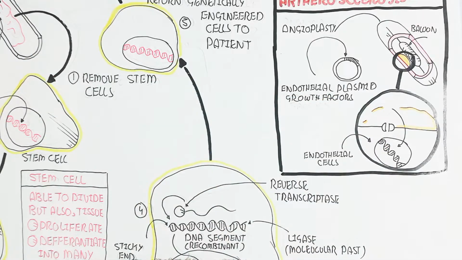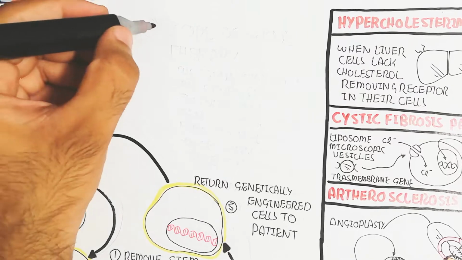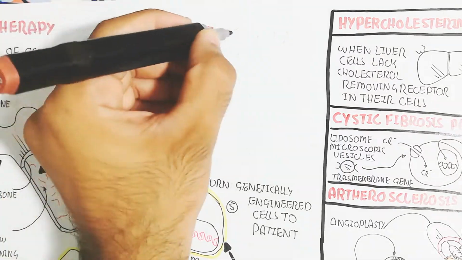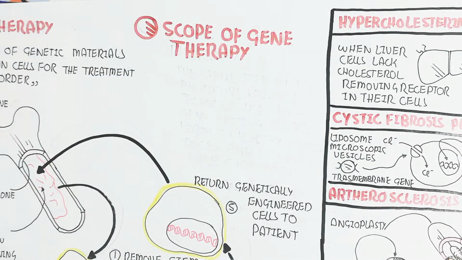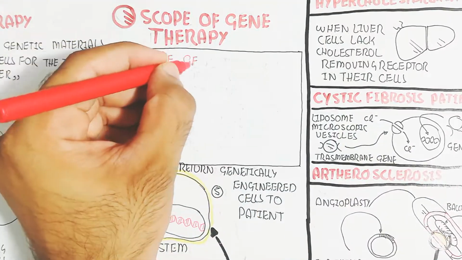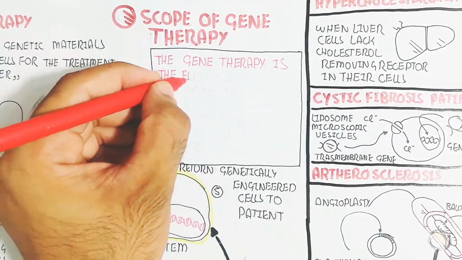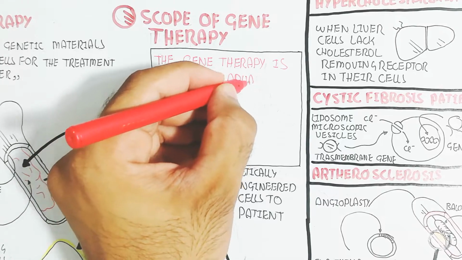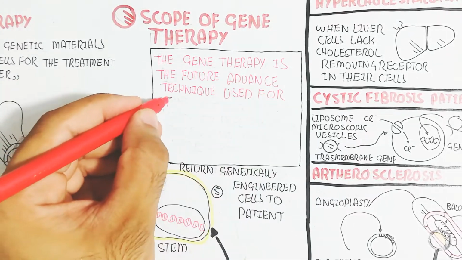Anyhow, let's understand a little bit about the scope of gene therapy. The scope of gene therapy is a future advanced technique used for gene editing before birth to produce healthy, disease-free animals and human beings as well as plants.